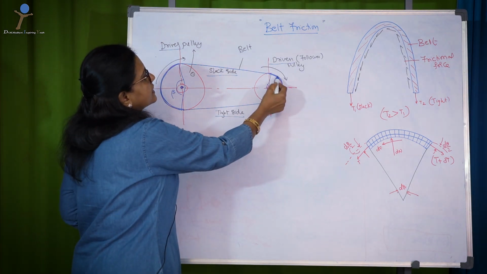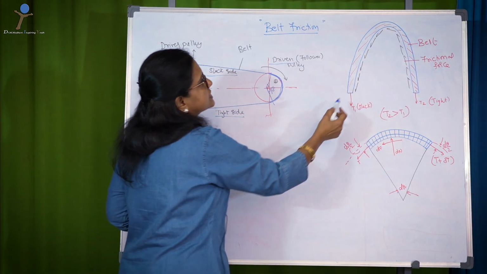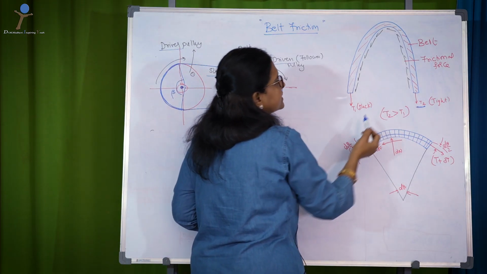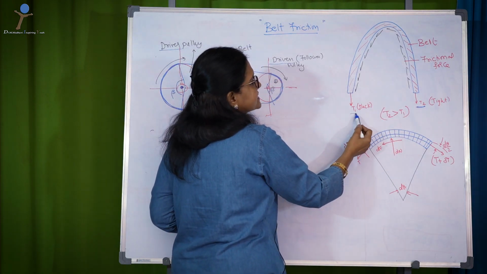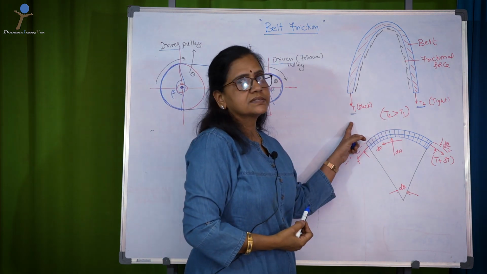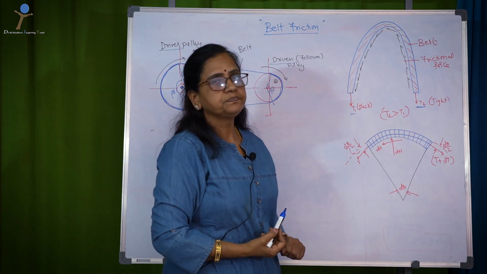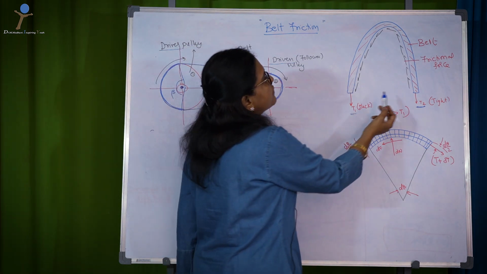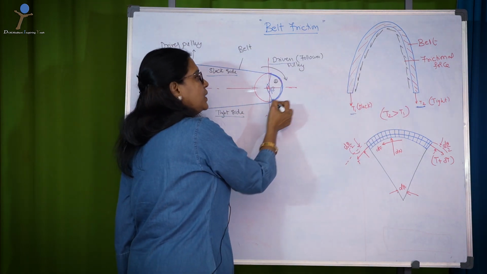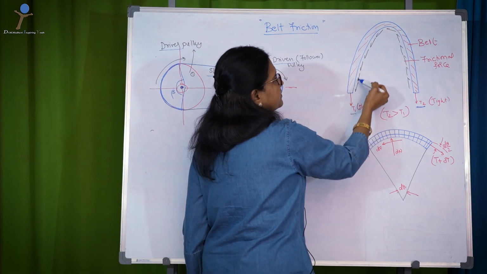Let me take a small part of the belt. This is the belt, and one side is the tight side, I call it T2, and the slack side as T1. The difference of these tensions will transmit the power. The frictional force at the contact surface of the pulley and the belt will be acting in the opposite direction.